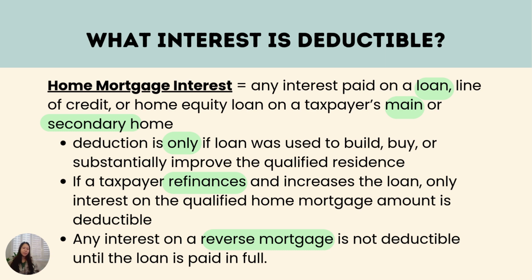Kind of sad, but that's how a reverse mortgage works. And it is not deductible until the loan is paid in full. What that basically means is you can't really deduct it because you're not paying the loan. And the loan is only paid in full when the taxpayer either moves out or dies.